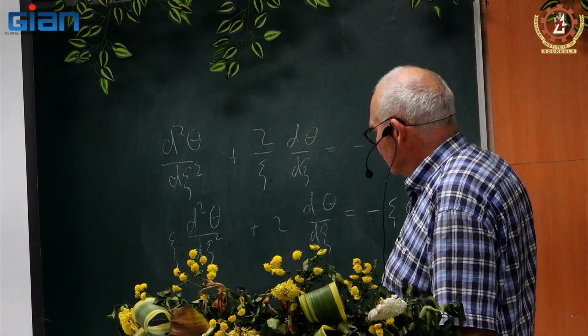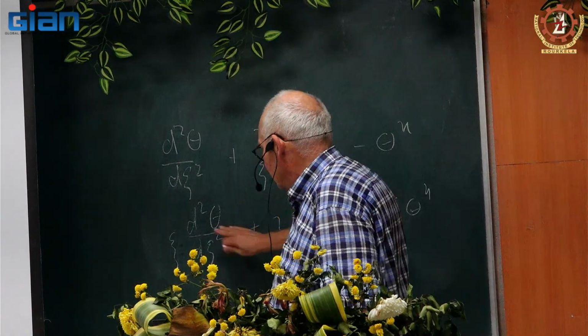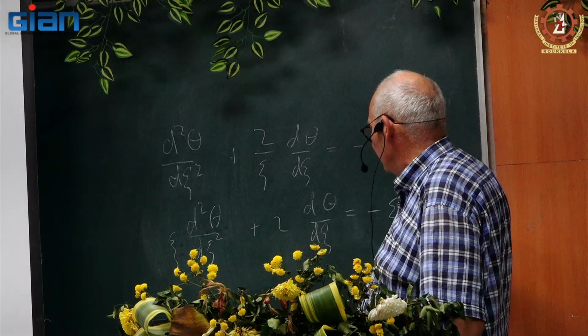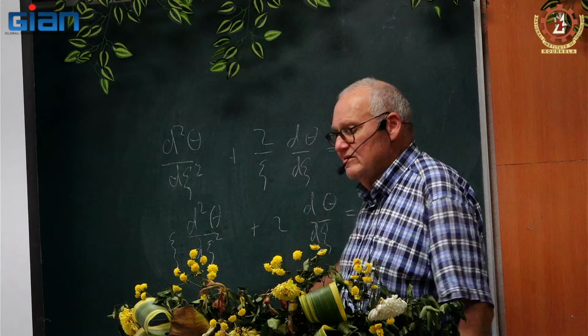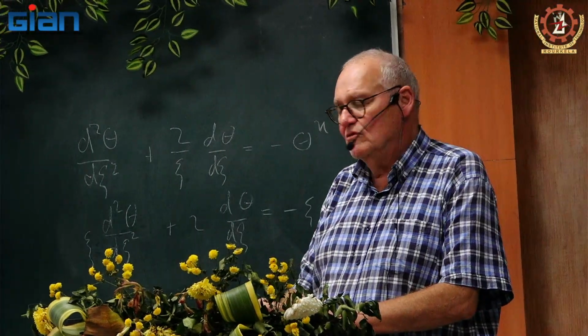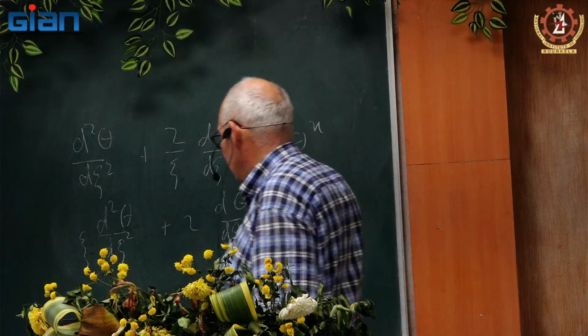If both the second derivative of theta and theta itself remain finite, then a consequence is that d theta by d psi has to vanish at psi equal to 0.